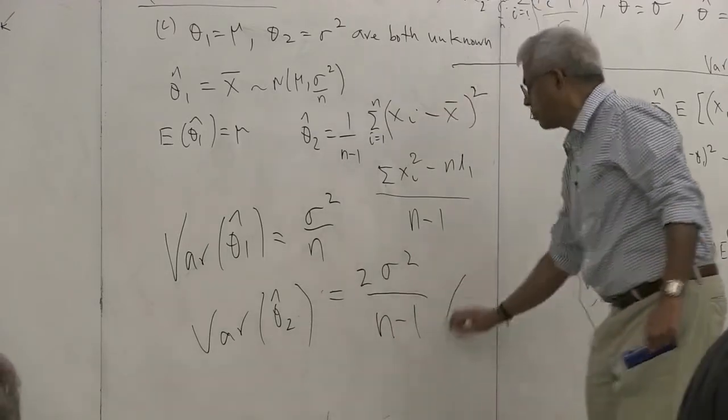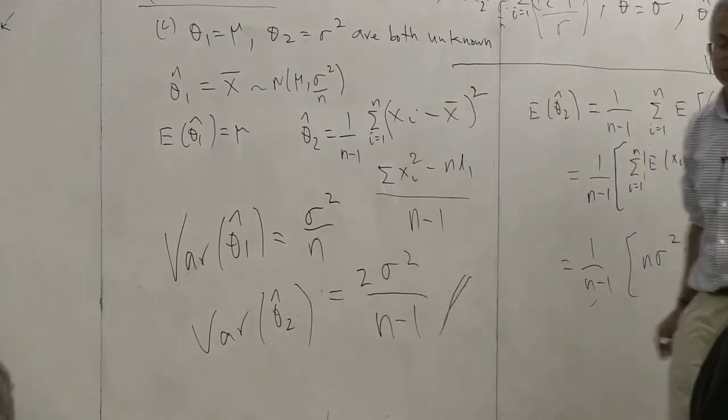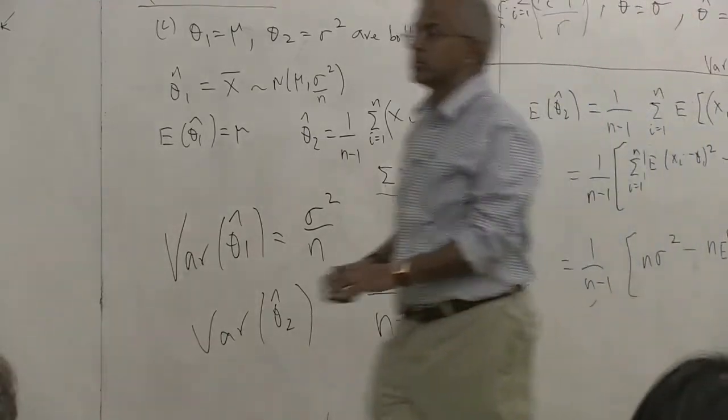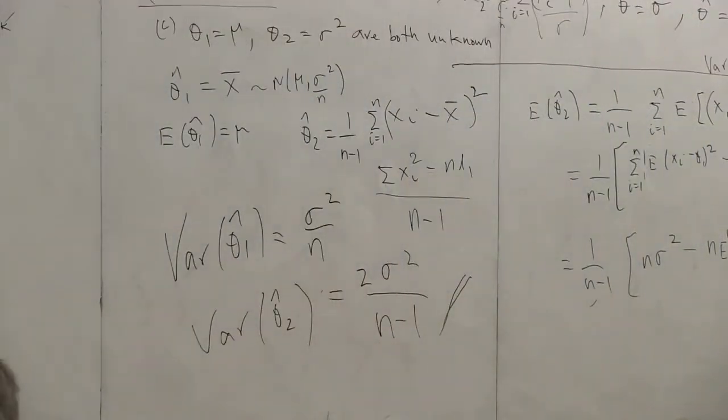It takes some time to do it, but it is done in the notes. I think that's the answer. Let me just double check. Right, it's 2 sigma 4 over n minus 1, okay.